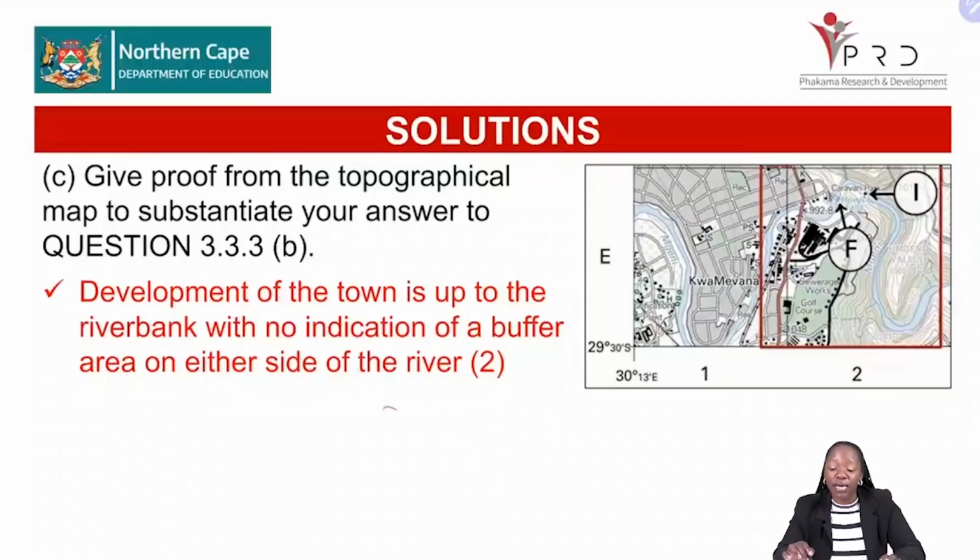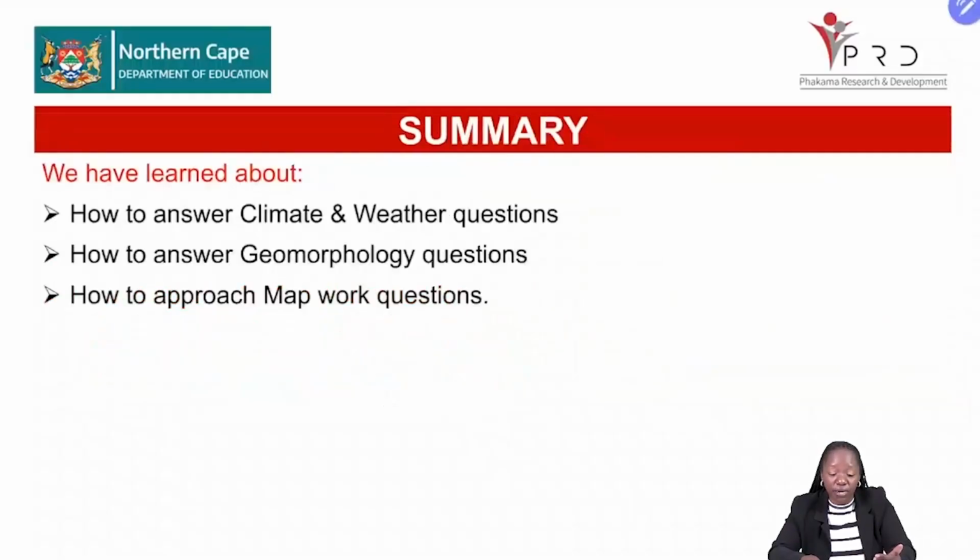Remember, for the buffer area, you can have an open space that serves as a buffer, you can have a black solid line that indicates the buffering, and also you can have a row of trees that can act as a buffer. In this case, we don't see all those 3. Therefore, there is development up to the riverbank, and there is no indication of buffering.